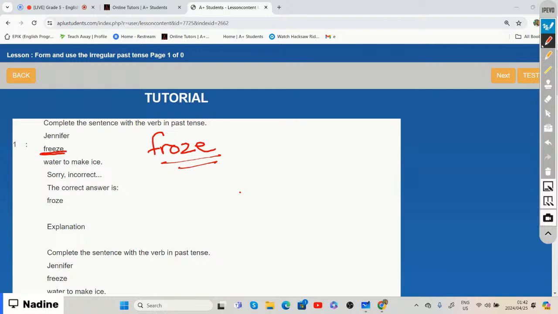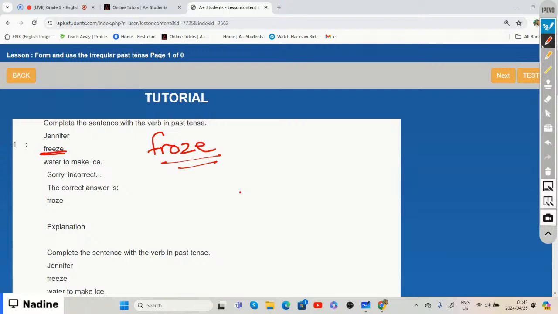So froze is correct. So froze shows the irregular past tense verb, right?